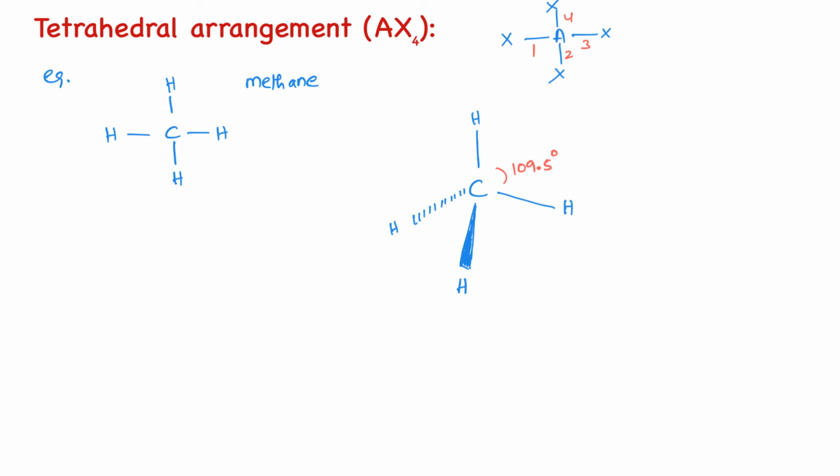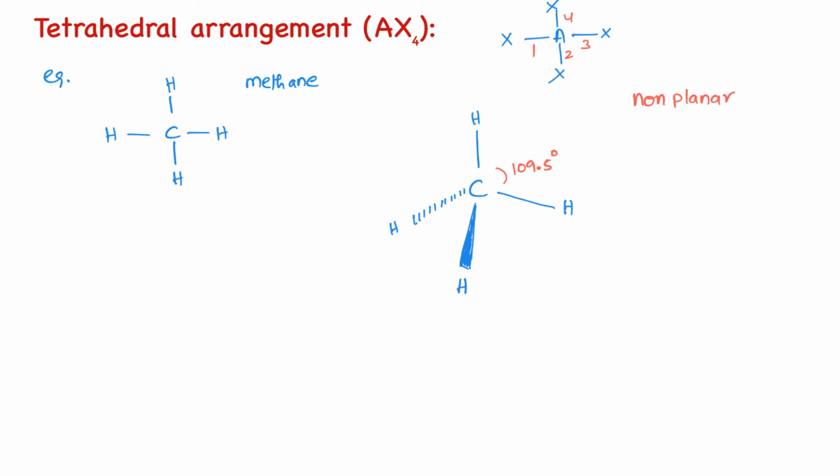Tetrahedral geometry is a non-planar geometry. That is, all the atoms in the molecule are not in a single plane. Therefore, we can say that the tetrahedral geometry is a non-planar geometry. To represent the three-dimensional geometries that are non-planar, we use different kinds of bonds.